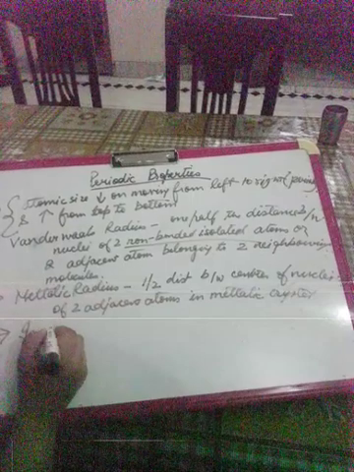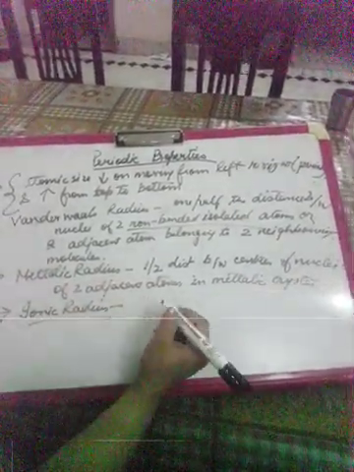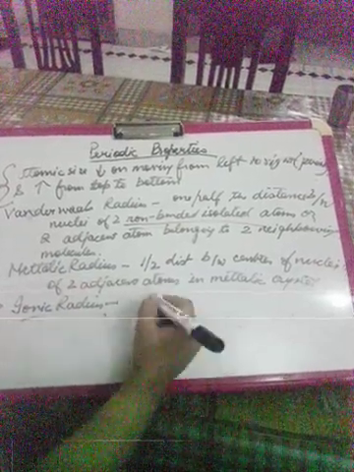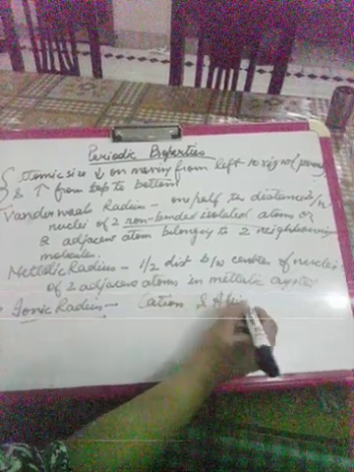Now what is ionic radius? Obviously, by the name, this is a radius belonging to ions. You should know what a cation and an anion are.